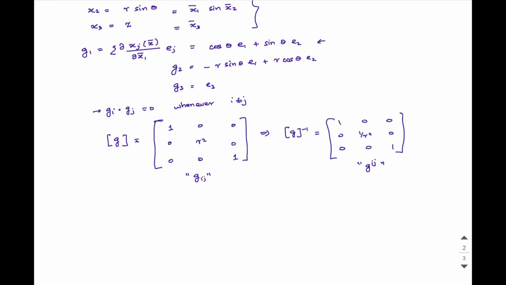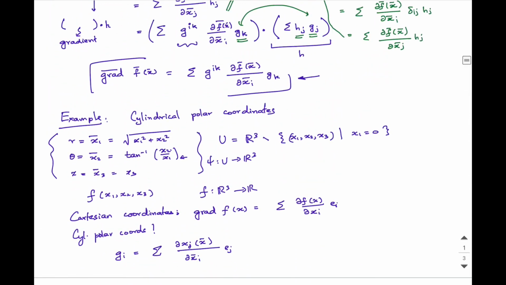Now that we have all these things, we can go ahead and compute the gradient of f bar at x bar. The gradient of f bar at x bar is nothing but the gradient of f bar of r, theta and z, which are just the x bar coordinates. How do you go about computing this? You just apply the formula that we derived earlier. It's nothing but the product of the matrix components of the inverse of G and the gradient of f bar.